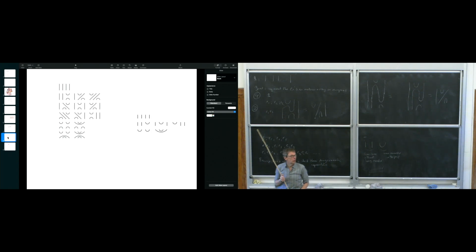So the diagrams on the right as a whole form a basis for the representations of our algebra.